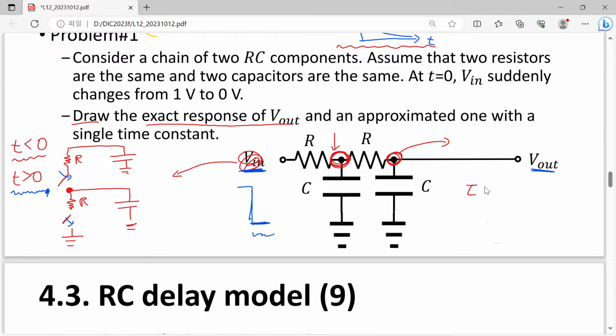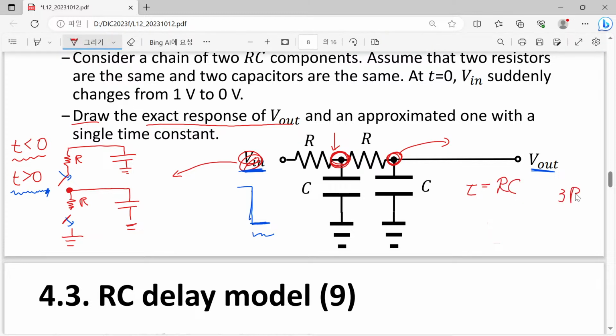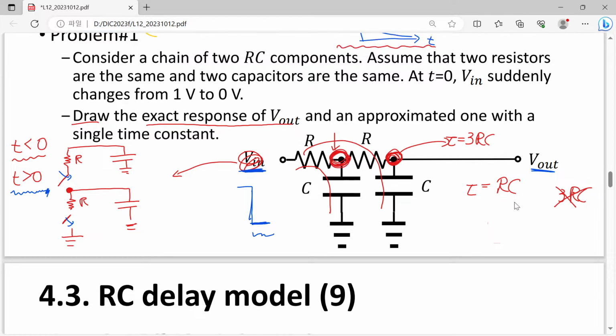The tau will be, once again, R times C, not 3 times RC. If we consider this node, the tau will be 3 times RC because we have to consider this product and that product. However, if we consider only this part, that will give us tau equal to RC.